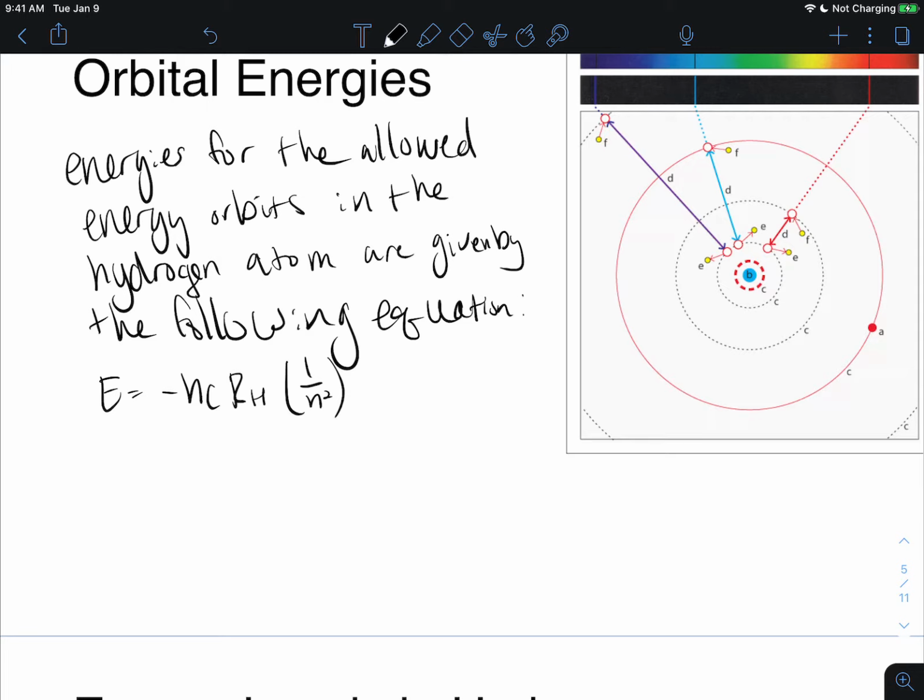Okay, so h is Planck's constant, c is our speed of light, and R_H is our Rydberg constant, and we can multiply all those together to get energy is equal to negative 2.18 times 10 to the negative 18 joules, times 1 over n squared, where n equals any integer value.